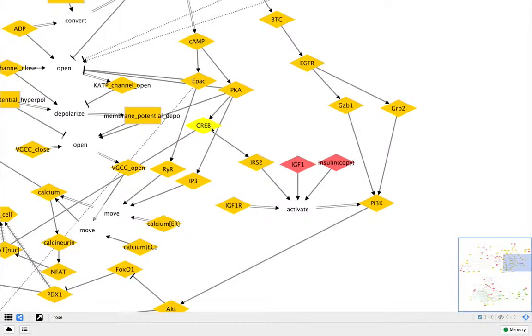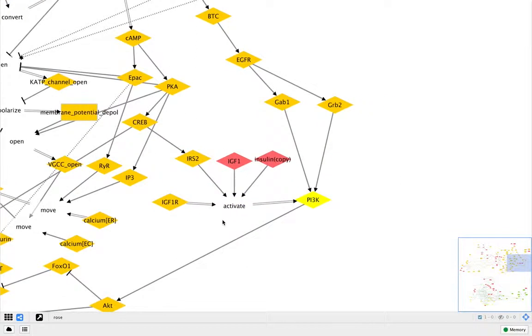This CREB increases the transcription of IRS2, the insulin receptor substrate 2, and this acts on the IGF-1 receptor to activate PI3K. The IGF-1 receptor binds with IGF-1 or insulin.